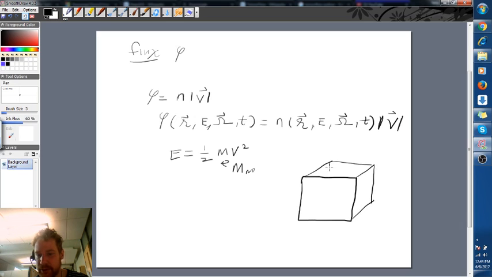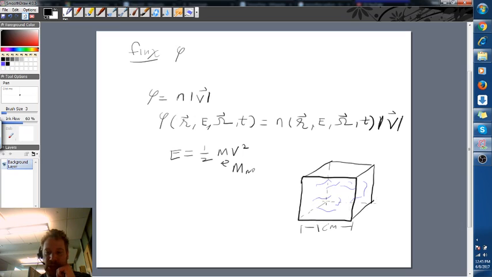If I have this three-dimensional volume here, it's going to have some neutrons moving about in it. Now, if I were to set a stopwatch, and this is, of course, unit volume.